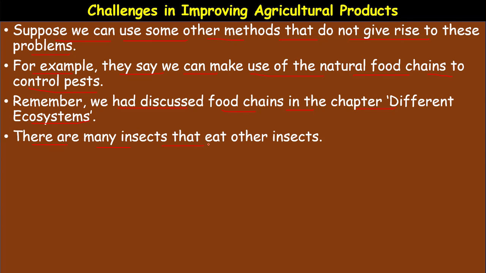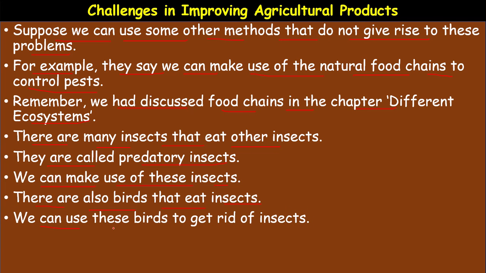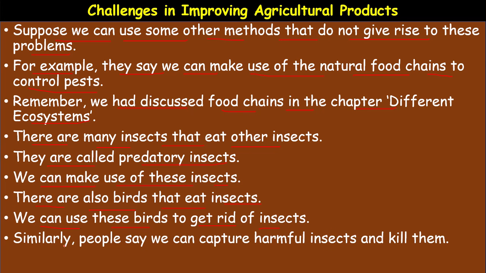There are many insects that eat other insects. They are called predatory insects. We can make use of these predatory insects to control those dreadful insects which cause damage to the crops. There are also certain birds that eat insects. We can use these birds to get rid of insects.